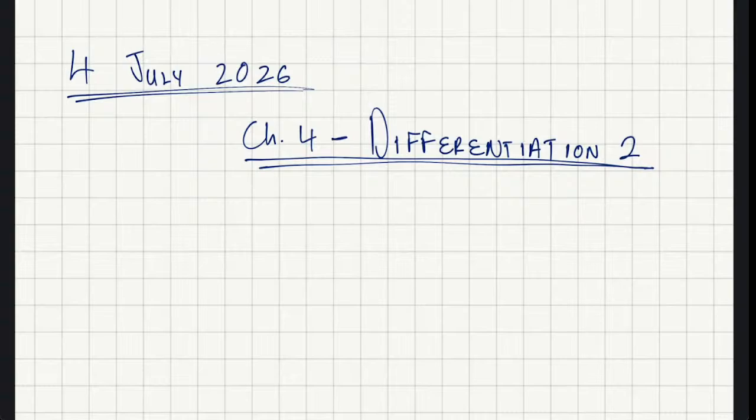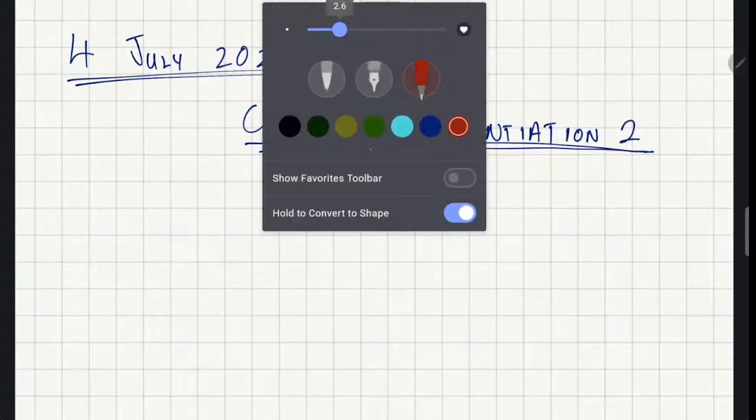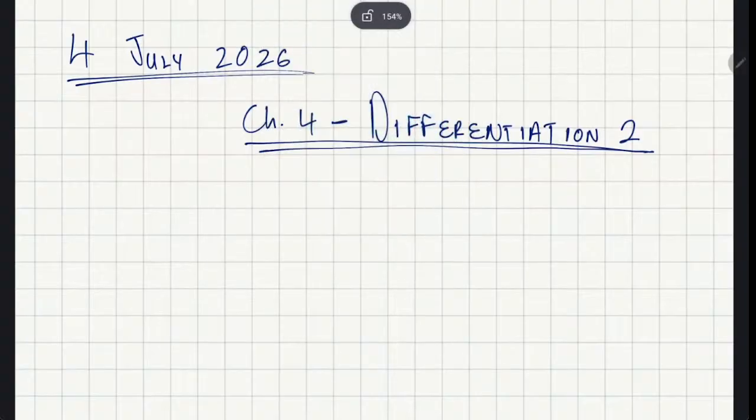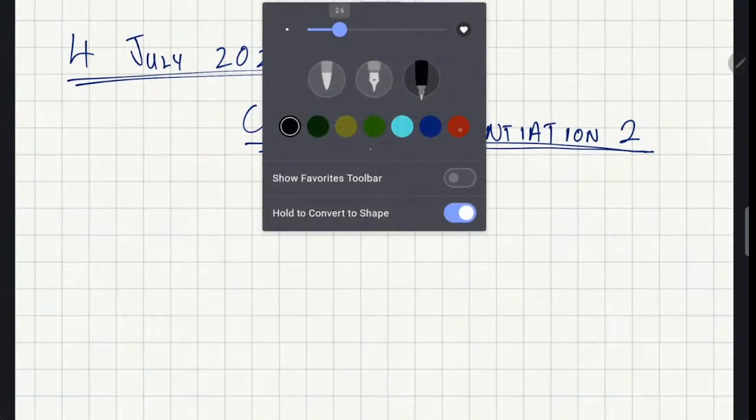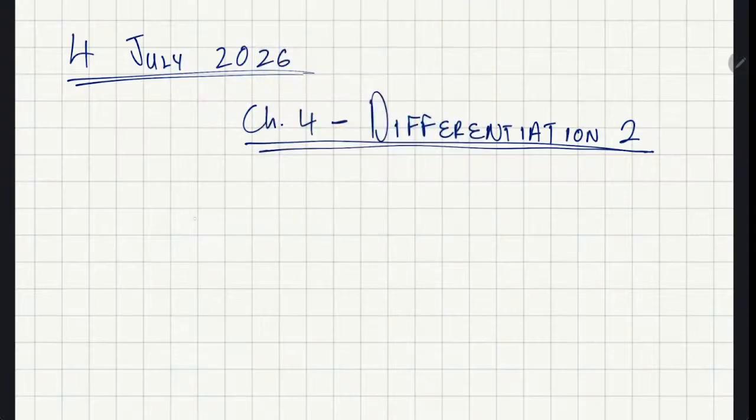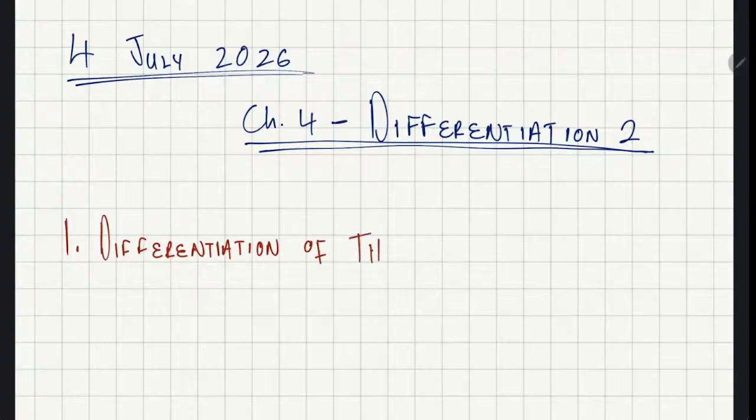Okay, so here's the picture of differentiation. Look at this. When you want to master differentiation, the first thing that you should know is differentiation of the five types of functions.